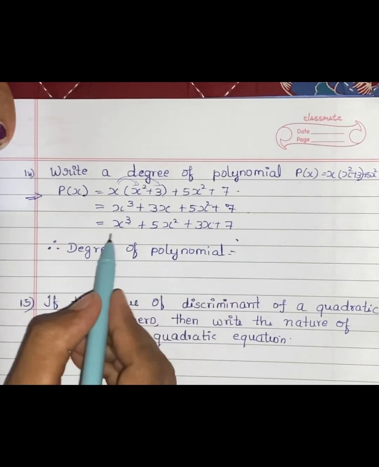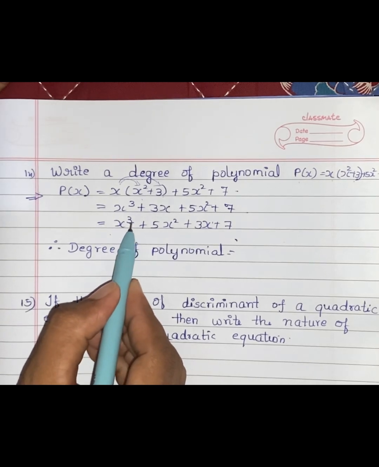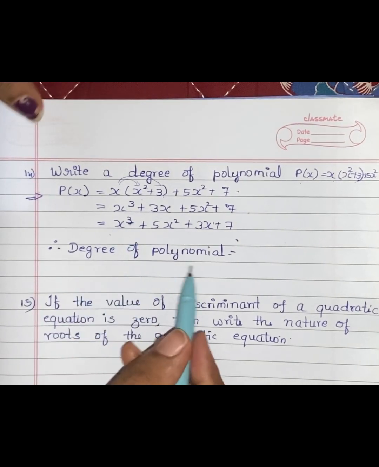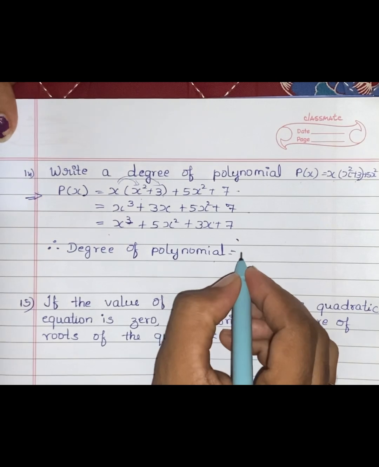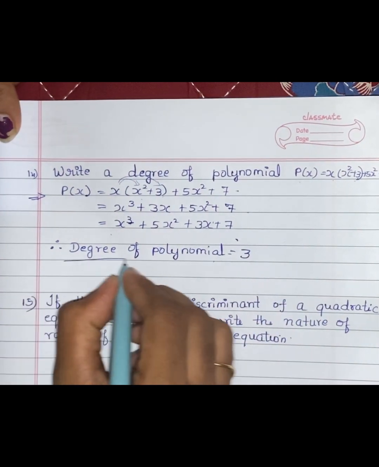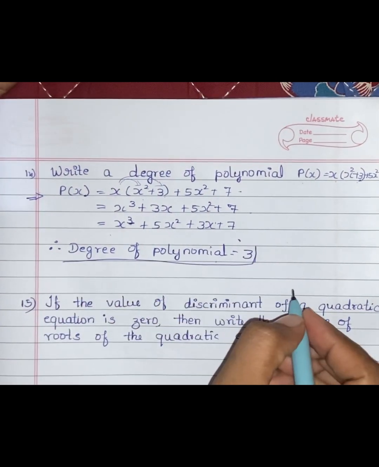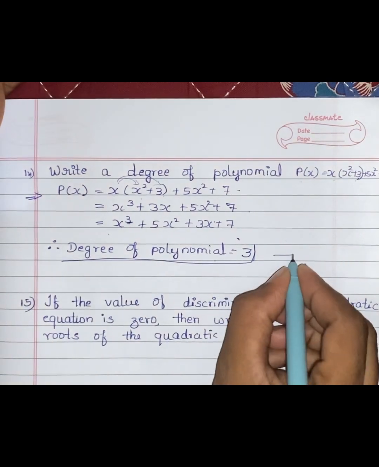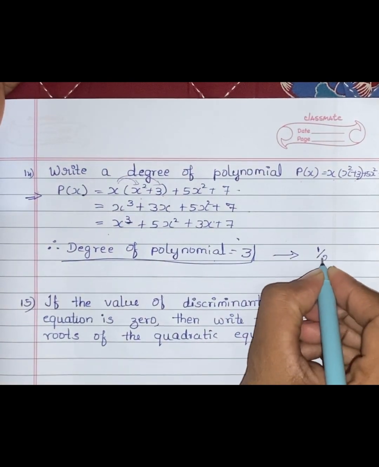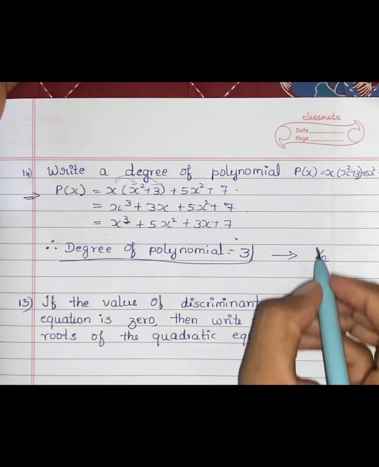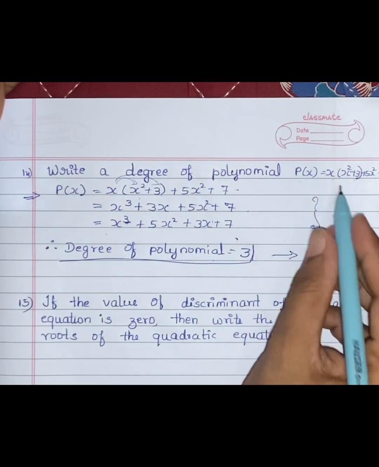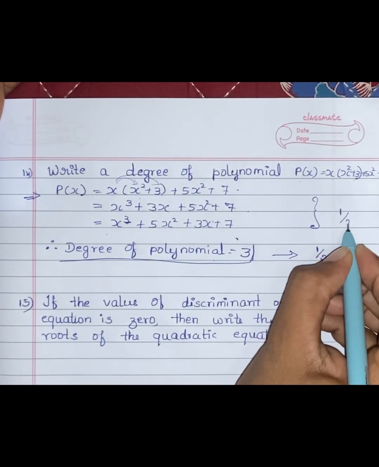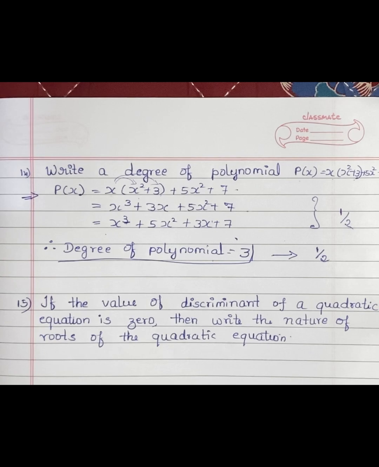In this equation, the highest degree is 3. So the degree of the polynomial is 3. This is the answer. For this step we have half marks, and for simplifying the equation, it carries another half marks.